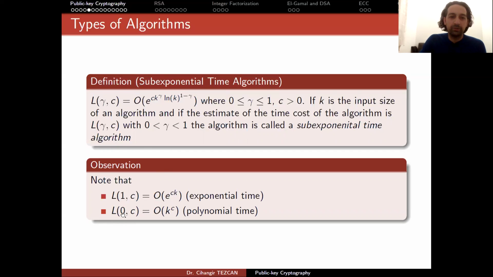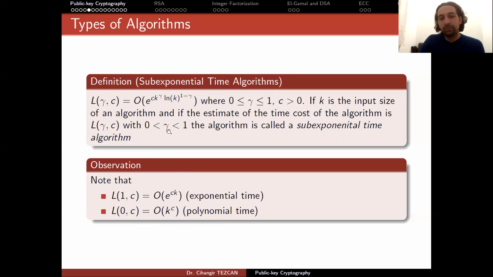But if you take gamma equals to 0, this k cancels, becomes 1, so we can remove it. And this becomes ln k, but it is e to the ln k, so k comes to the beginning, so you get k to the power c. So it becomes a polynomial time algorithm.